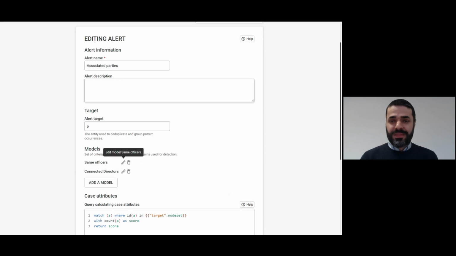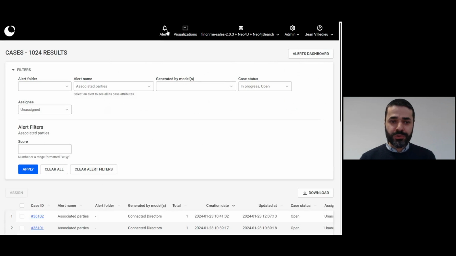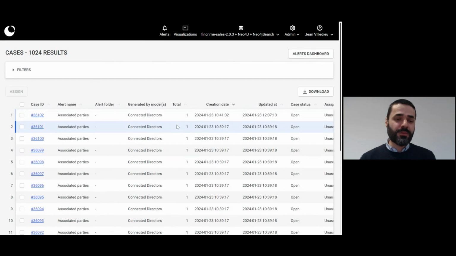So that's what this looks like from the perspective of a data scientist. But what I want to talk about now is what this looks like more from the perspective of an actual investigator. And that investigator would typically connect to Linkurious Enterprise and look at the list of cases.